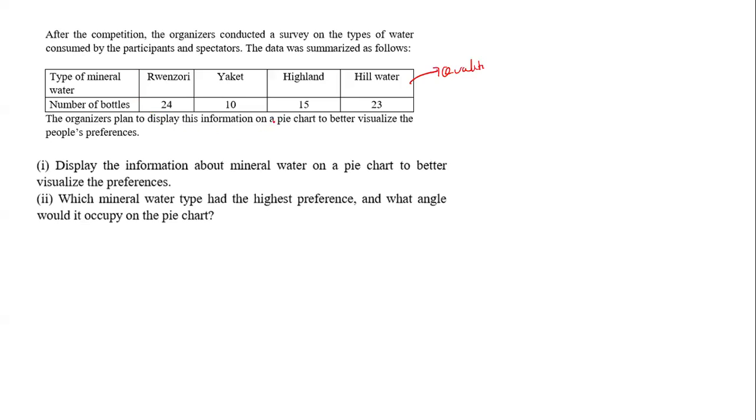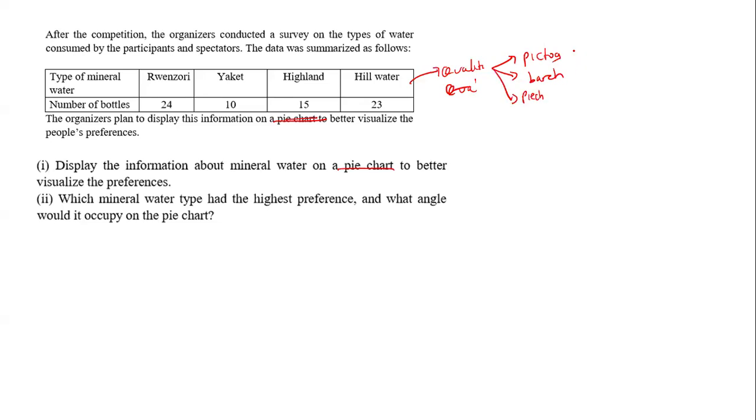Now, even if they had not specified to use a pie chart and they just tell you to display the information here, we have said that for anything like this that is qualitative in nature, you look at the different options: you have a pictogram or pictographs, you have the bar chart, and then you have the pie chart.